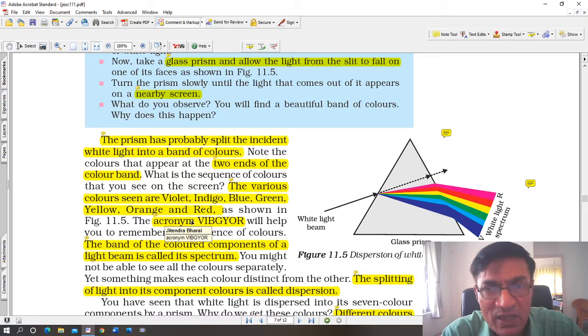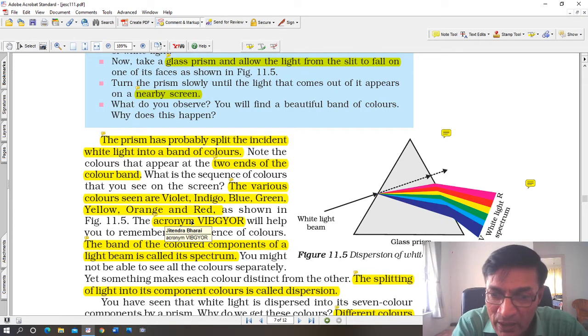Laser: light amplification by stimulated emission of radiation. That is called an acronym. Similarly, the word VIBGYOR is also an acronym, a shortened form of violet, indigo, blue, green, yellow, orange and red, the 7 colors in that particular order.